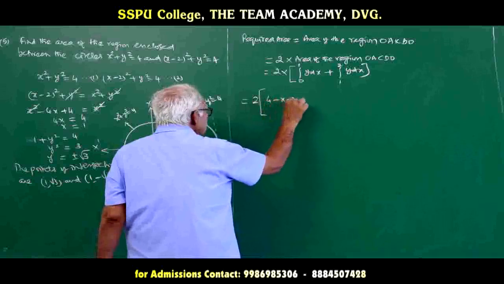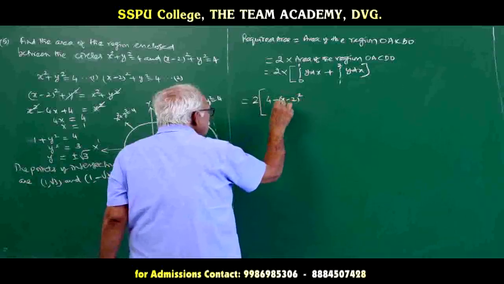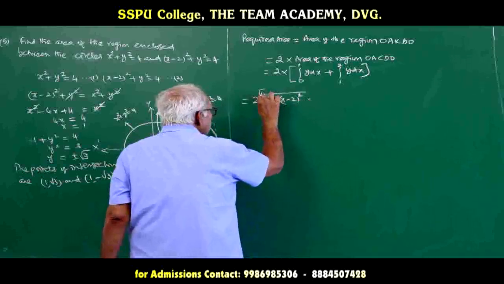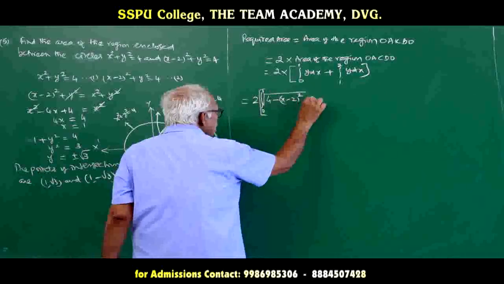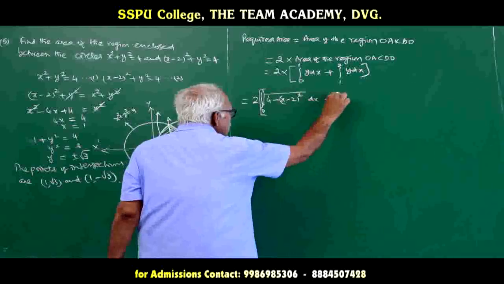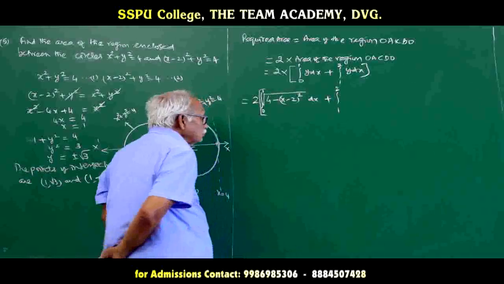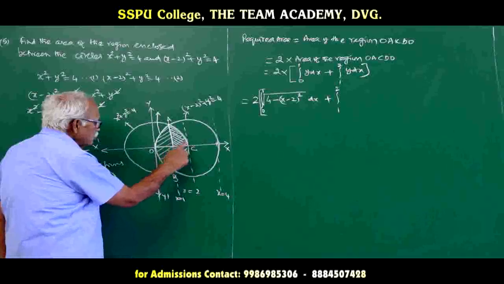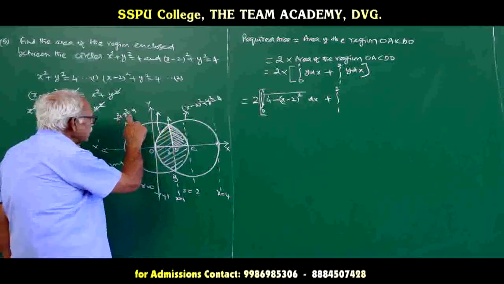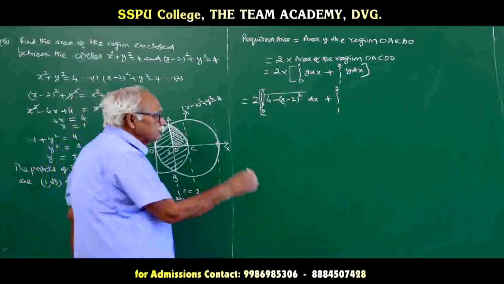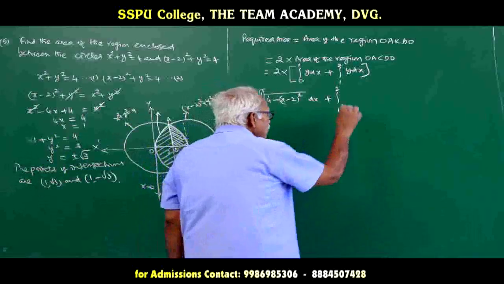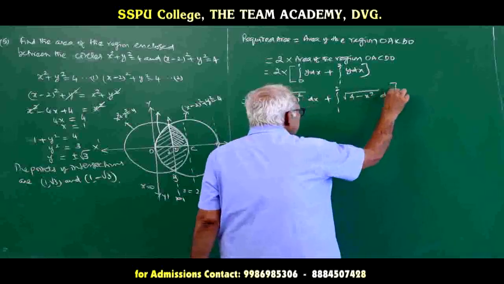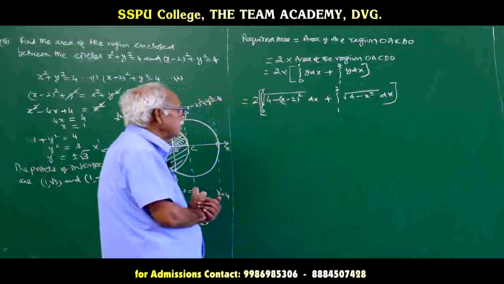Square root of 4 minus x minus 2 whole square, 0 to 1 dx plus 1 to 2, what is this circle? x square plus y square is equal to 4. Therefore, y is equal to square root of 4 minus x square. So, evaluate this, we will get the equation.